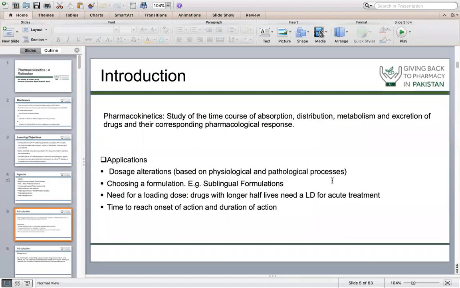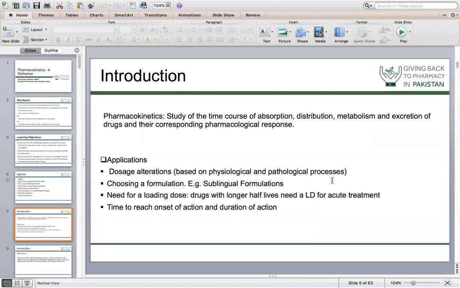As we all know, standard doses of a drug are determined in healthy volunteers in clinical trials. And that doesn't mean that that particular dose will be good for every patient. Our patients will be infants, neonates, adults, and doses for different populations of patients will be different, which will be based on their physiology as well as some pathology, okay?